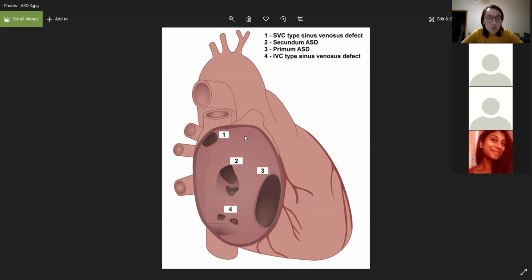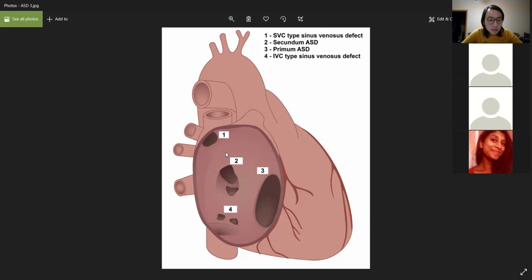If it's closer to the superior vena cava, which is here, number one, it is called superior sinus venosus defect. Closer to the entry of your superior vena cava. This accounts for about 5% of all the cases.